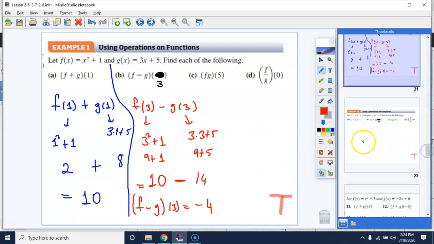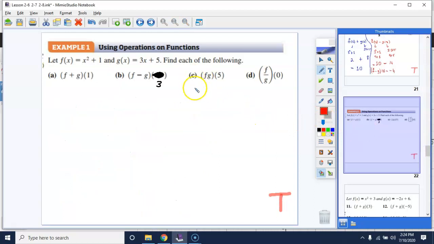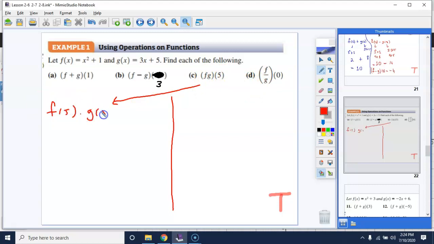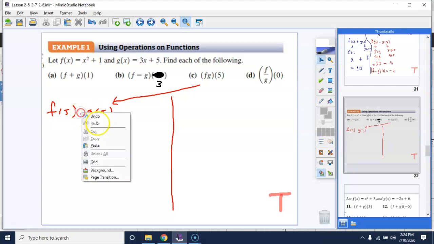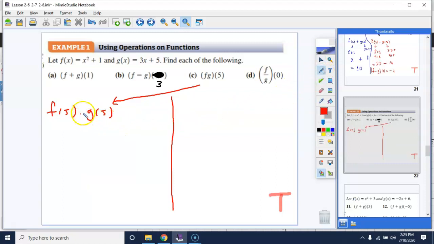So let's move on, same question. I'm gonna do C and D here. C is here, so I can do D here. So f times g of 5. As expected, I'm gonna find f of 5, I'm gonna find g of 5, and then I will multiply them. So let's do so. f of 5, plug in here, 5 squared plus 1.